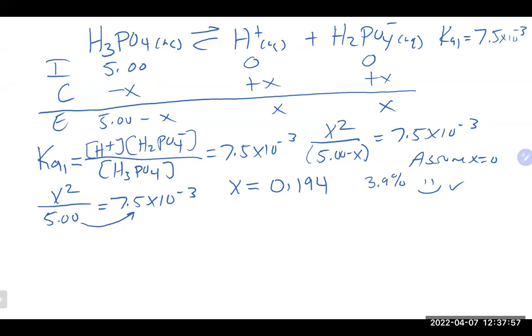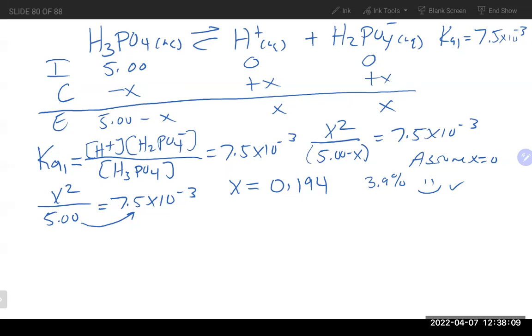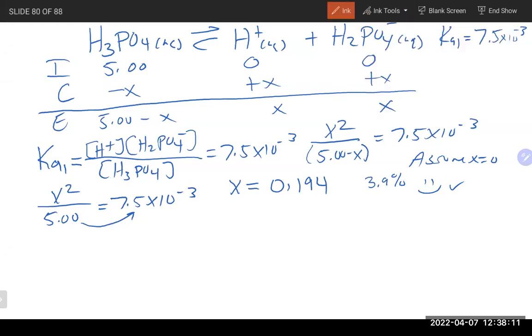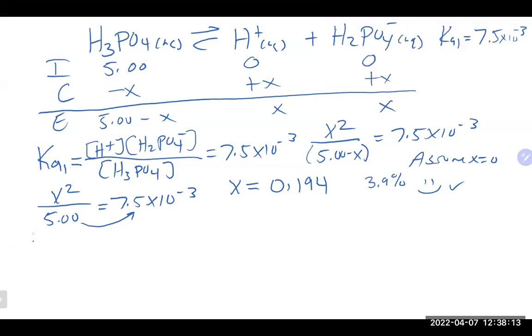And that means that after doing this very first ICE table with the very first hydrogen that comes off, we actually have a number of answers that we're looking for. We're looking for everybody's concentration. So off of this very first ICE table, we were able to determine that the concentration of H plus equals x, which is 0.194 molar.